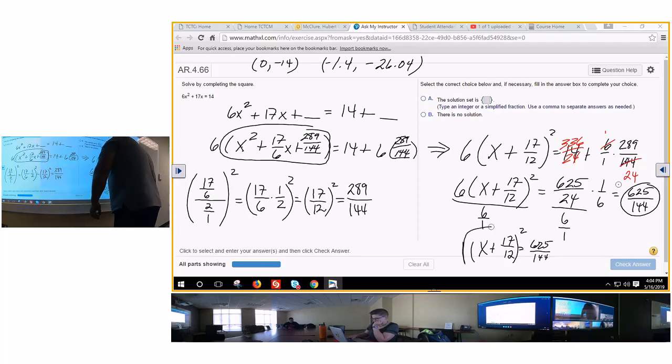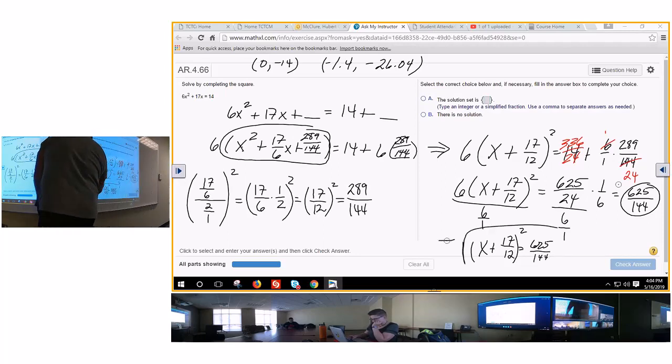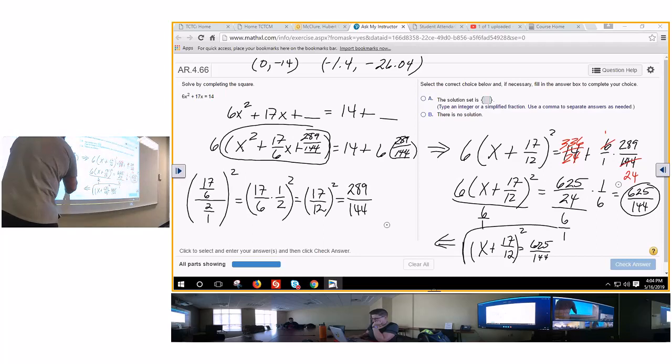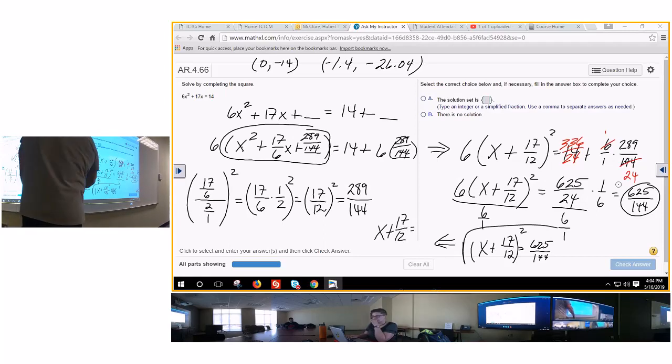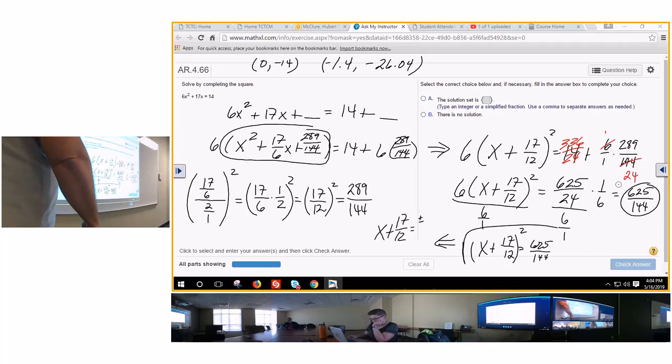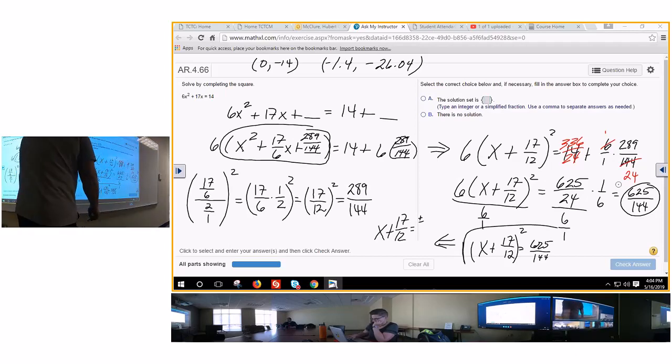Take the square root of everything, and that's going to give you x plus 17 over 12 is equal to positive or negative, what's the square root of 625? 25, isn't it? Yes. Thank you. Over 12.